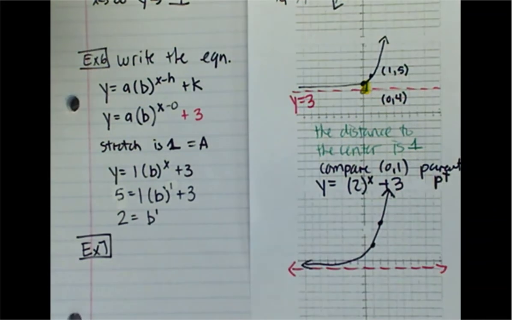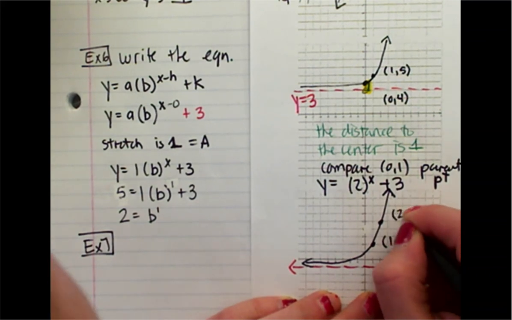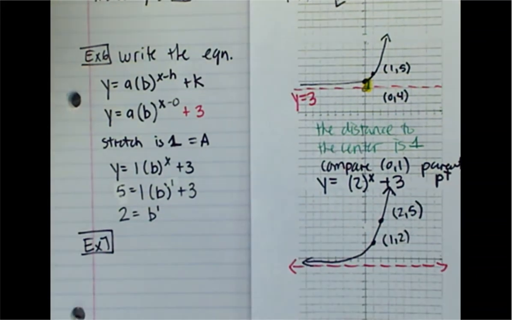The only points that are accurate here are 1, 2, and 2, 5. Those are the only points I drew accurately, guys. I have no idea what the x or y intercepts are.